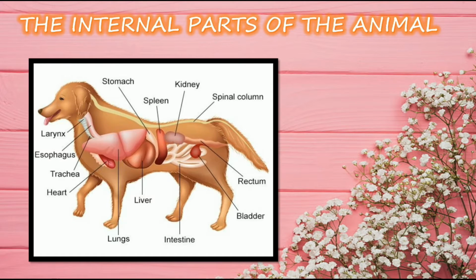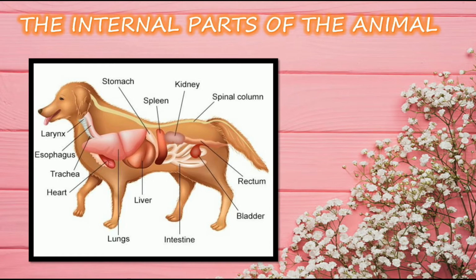Next comes trachea. Trachea keeps the airway open for breathing, moving and coughing. So it is used to allow the air to go inside for breathing, and it is used for coughing. Next comes esophagus, which is used to move the food from the mouth to the stomach.